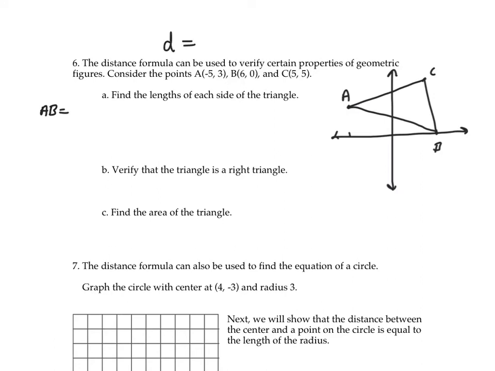So recall our distance formula is D equals the square root of the quantity x2 minus x1, squared, plus the quantity y2 minus y1, that quantity squared. Okay, so for the distance between A and B, let's let A equal x1, y1, and B would then be x sub 2, y sub 2.